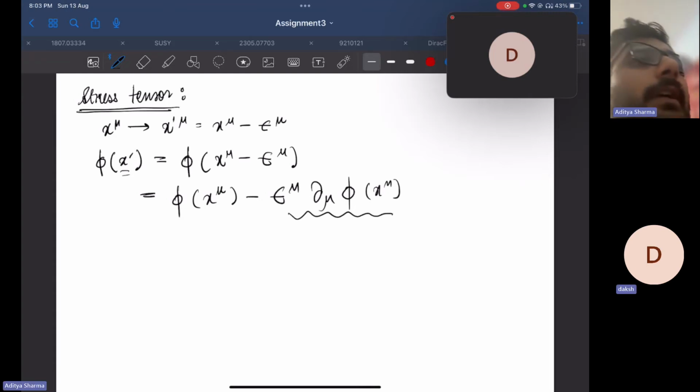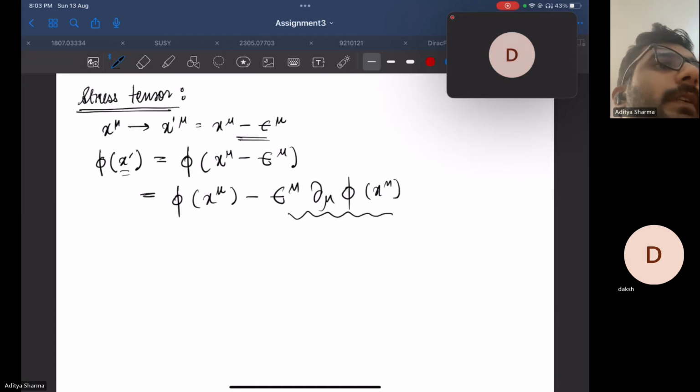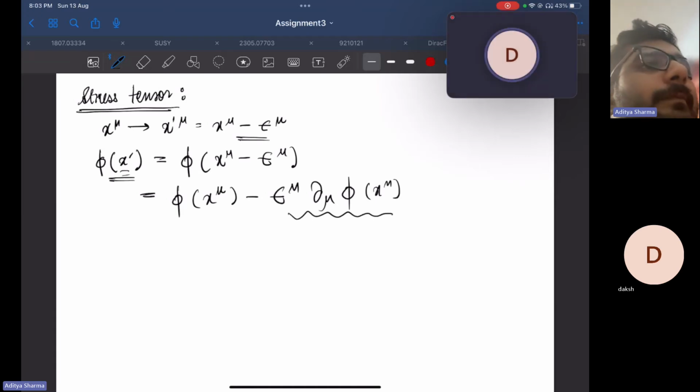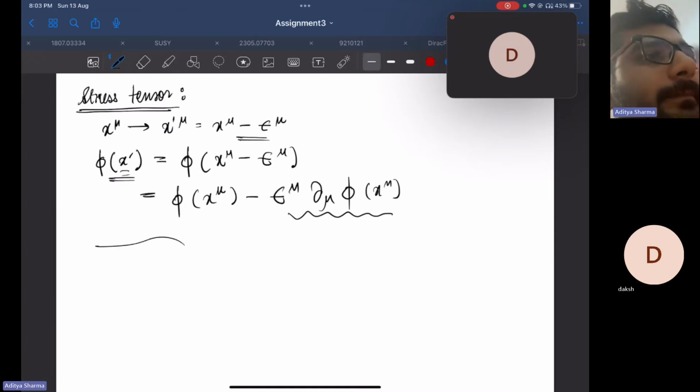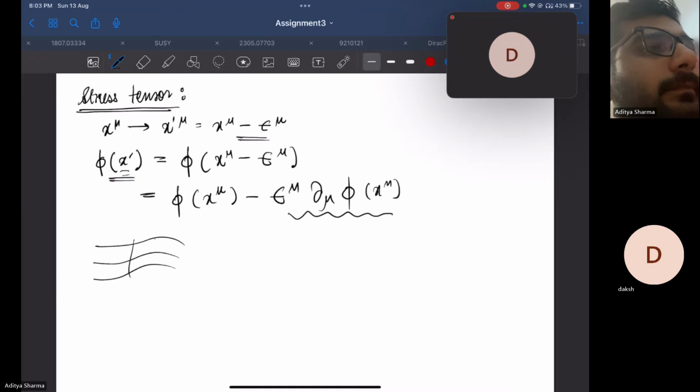Suppose we make the space-time translation, this is x mu plus something like this. How does your field change? That is the question which we want to ask. Suppose your field has some value here, which is phi of x.